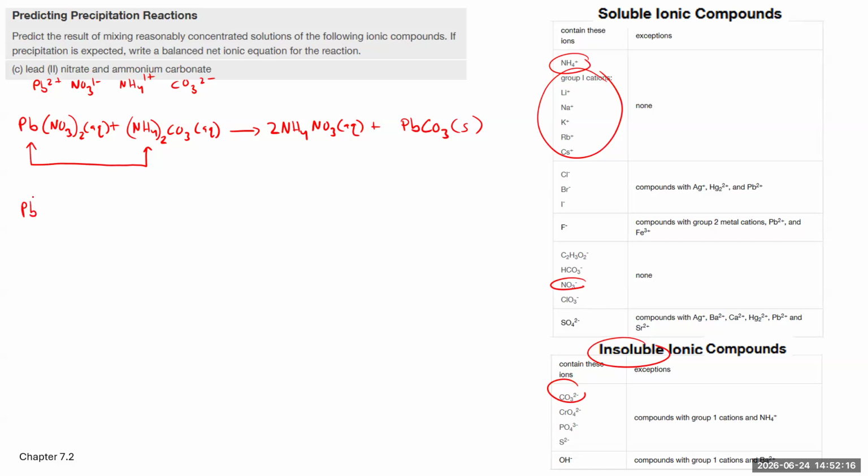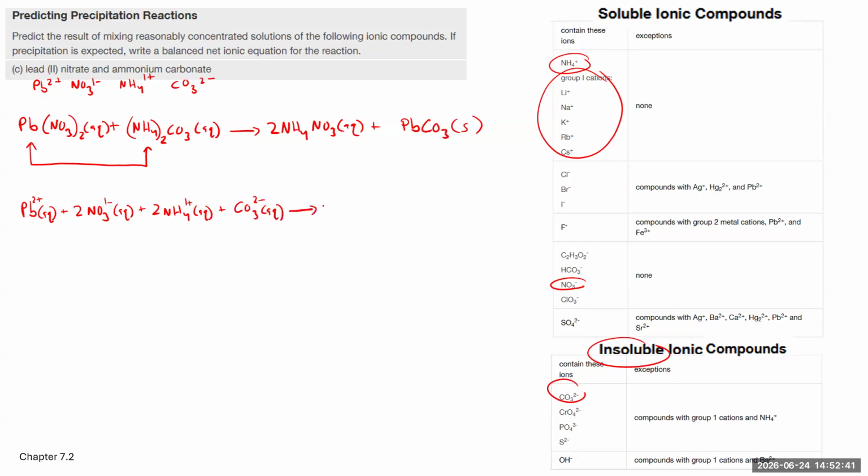Pb 2 plus aqueous, plus 2 NO3 1 minus aqueous, plus 2 NH4 1 plus aqueous, plus CO3 2 minus aqueous.